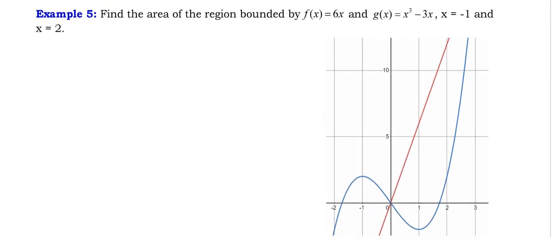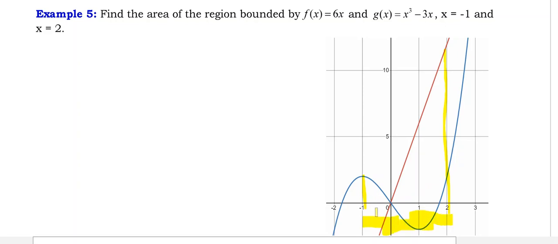And we can see that -1 is right here, and 2 is right here. And within that interval from -1 to 2, the graphs switch.